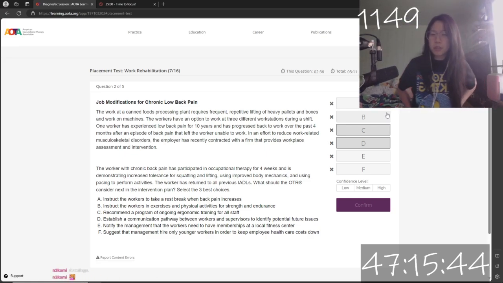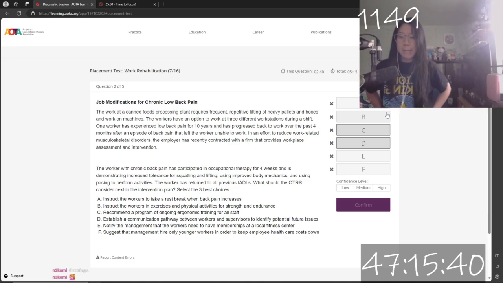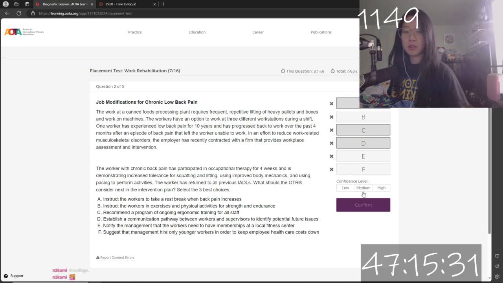Program of ongoing ergonomic training. I think A. He has chronic back pain, so I feel like it's good to take a rest, not to really necessarily work on exercise and strengthening right now.